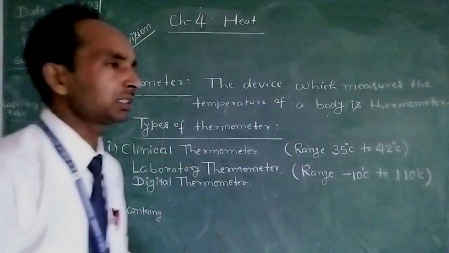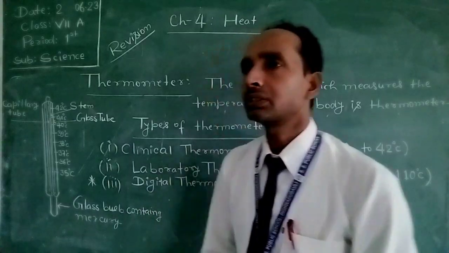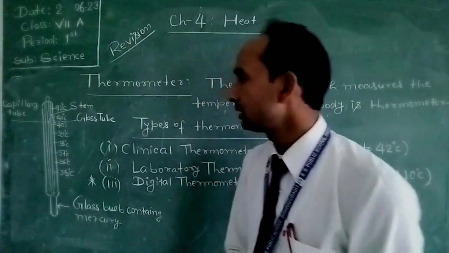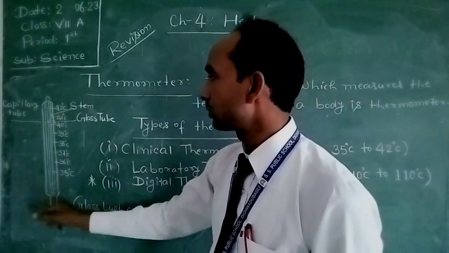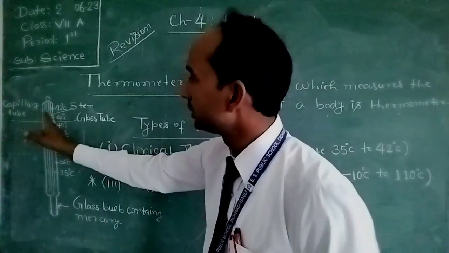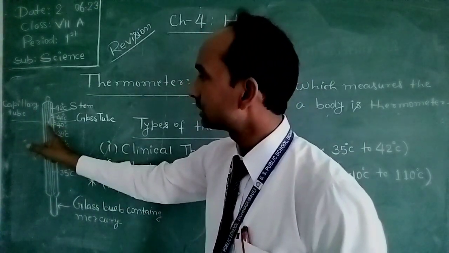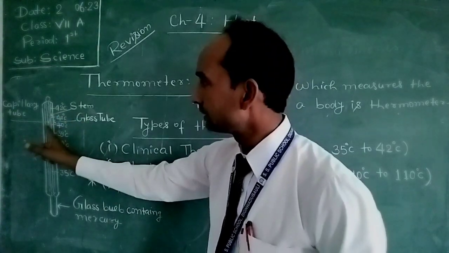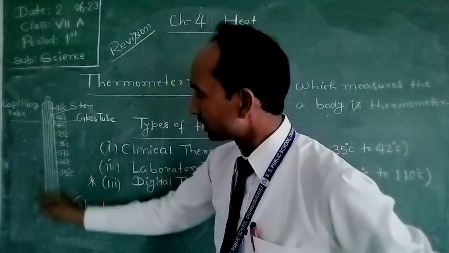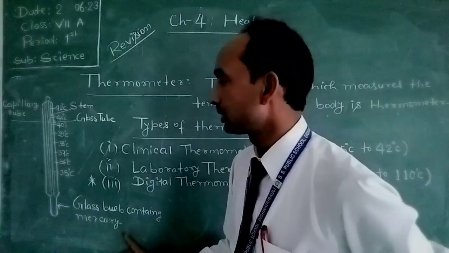Now, what is the clinical thermometer? It is the thermometer which measures the temperature of the human body, and it is made of a narrow glass tube in which a capillary tube is inside the glass tube, and at the end of the thermometer there is a glass bulb containing mercury.